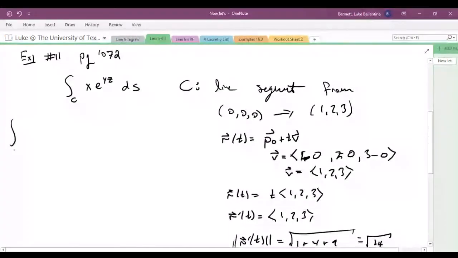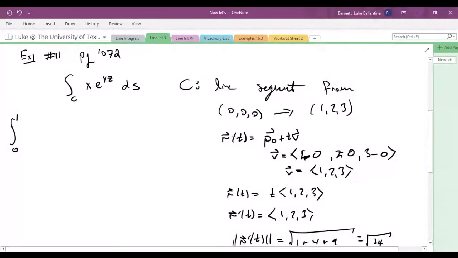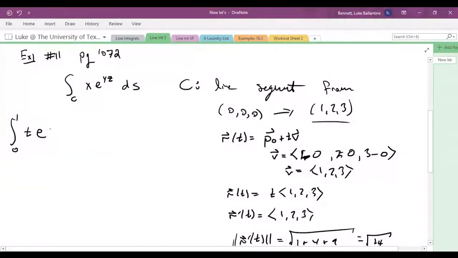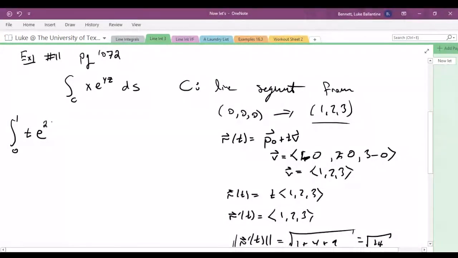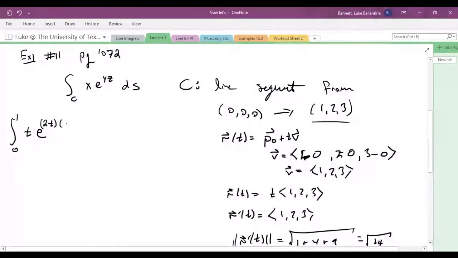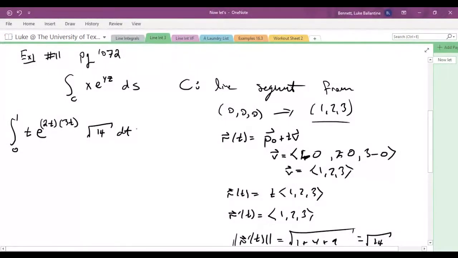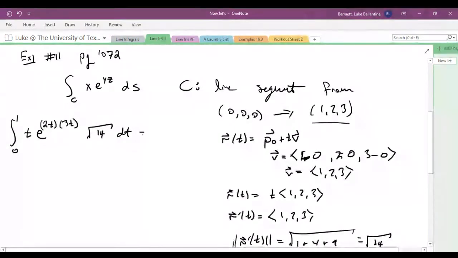We're evaluating this integral from 0 to 1 because 0 would give us the first point, and 1 would give us the second point. A nice parameterization. So x is 1t, y is 2t, z is 3t, and ds was the square root of 14 dt. So this is our integral.